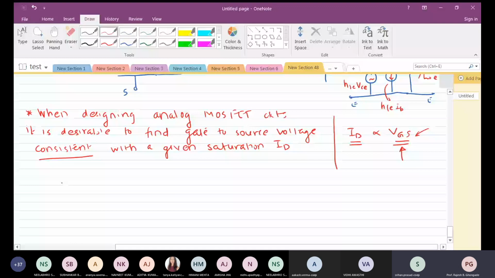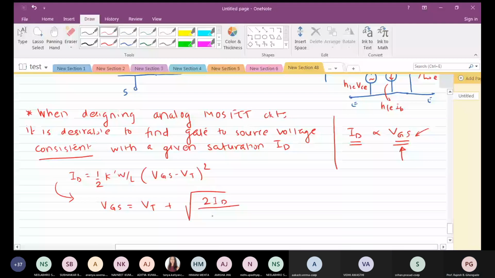It was ID is half K dash W by L into (VGS minus VT) squared. I can modify this equation and find out VGS equal to VT plus square root of 2 times ID divided by K dash W by L. Can I derive an equation like this from here? It is simple algebraic manipulation, right?